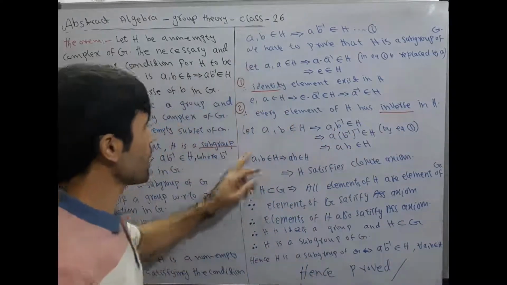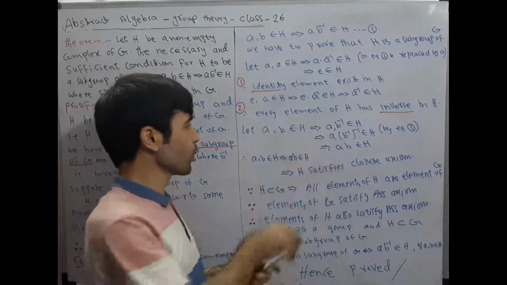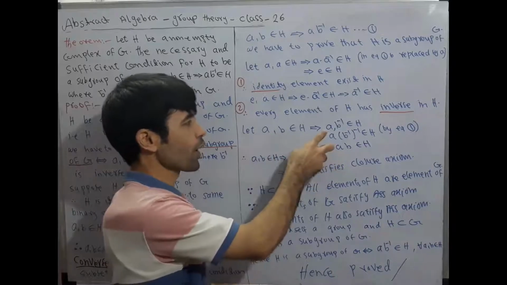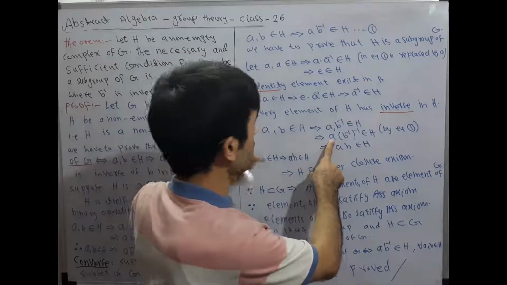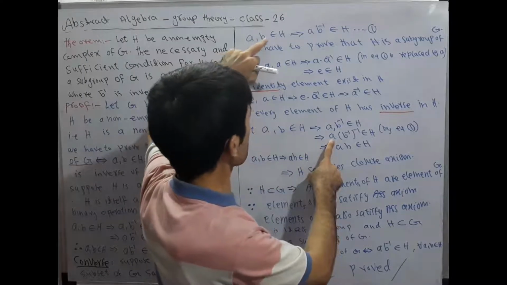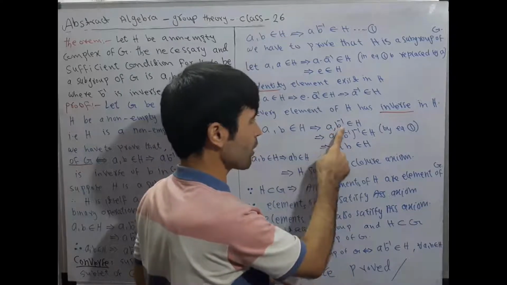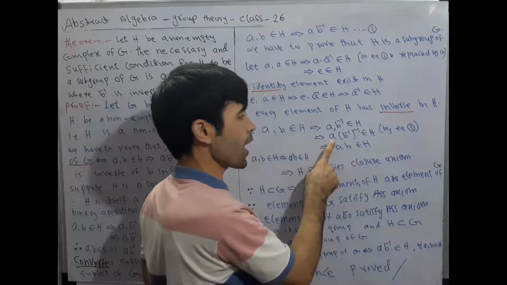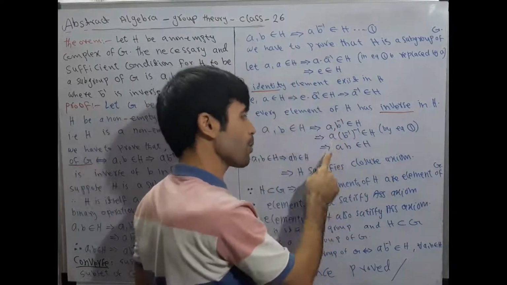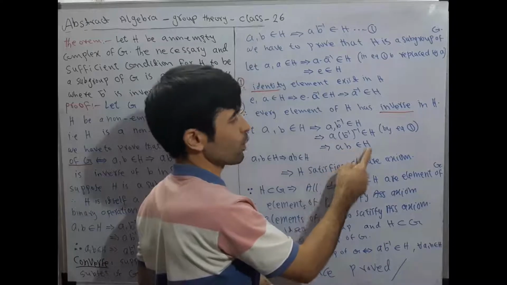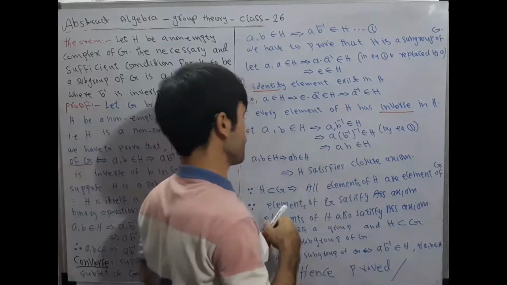Let a, b belongs to H. When a, b belongs to H, a, b inverse also belongs to H. Here a, b inverse belongs to H implies a into b inverse whole inverse belongs to H, by equation 1, implies a into b belongs to H, since b inverse whole inverse will be b.